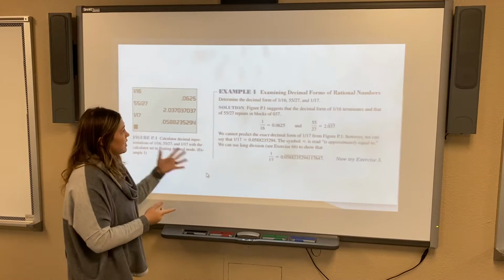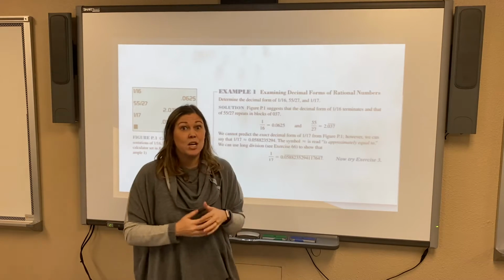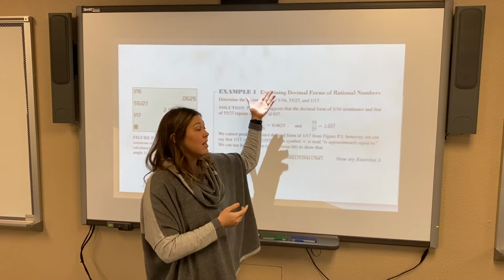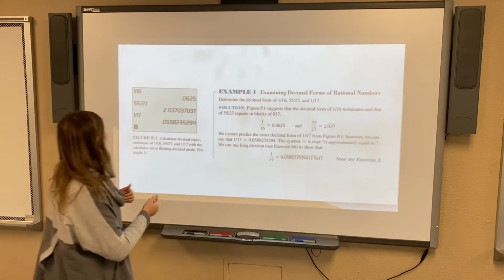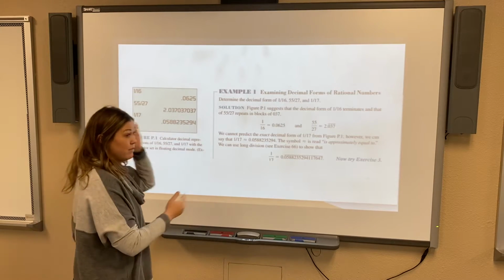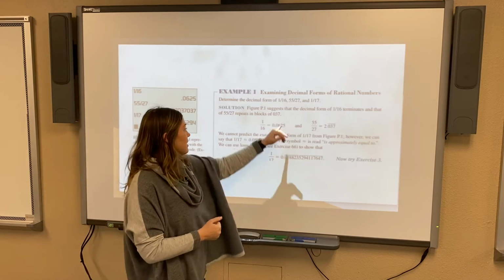Now some examples. Determine the decimal form of 1/16, which is super easy to find. 1/16 is a fraction that represents division, so if you put it in your calculator, it is 0.625. It terminates; it doesn't continue on. So this is the decimal form.